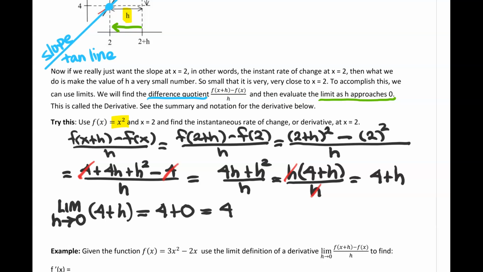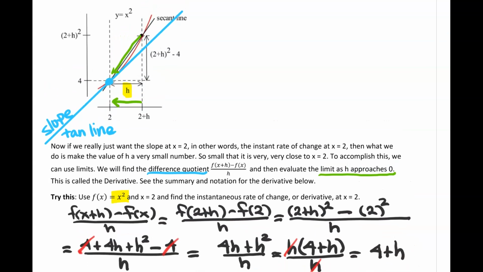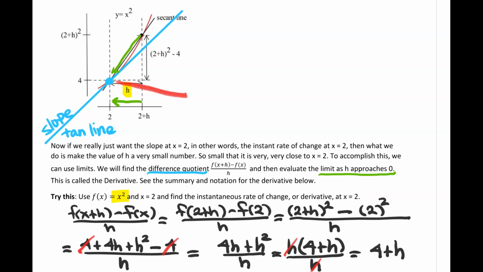So what is this 4? This 4 is the slope at the point x equals 2, not the slope from 2 to another point, but the slope right at x equals 2. So if you look at the previous graph, this tangent line that we have drawn here, right at that value, our slope is 2.